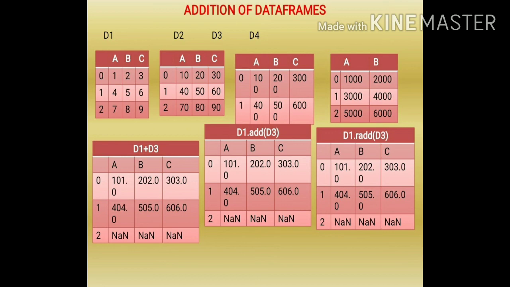Similarly, we go with the second row with index 1. But in the third row, we have 7, but we do not have any third row in D3. So what is the answer? NaN, not a number, for the whole row. You can again use D1 plus D3, or D1 dot add in brackets D3, or D1 dot radd D3. All are the same if you want to go with that.